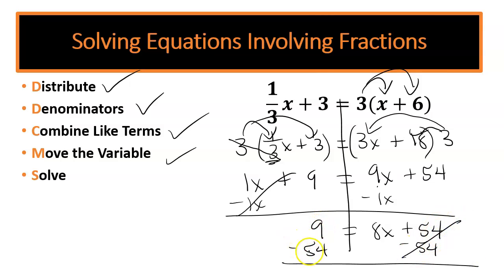So I have 9 minus 54. And again, double checking my calculator. All right. So 9 minus 54, it's going to give me a negative 45 equals 8x.